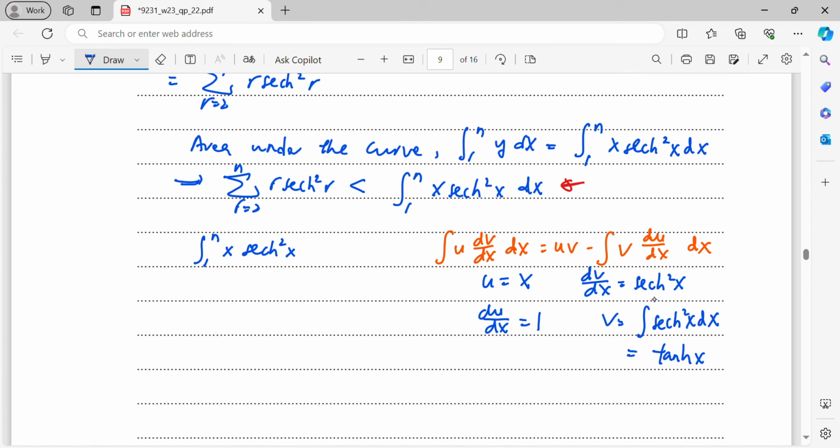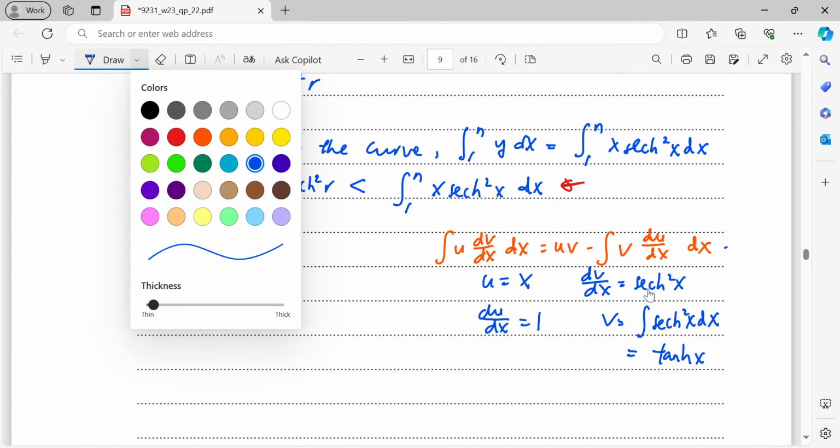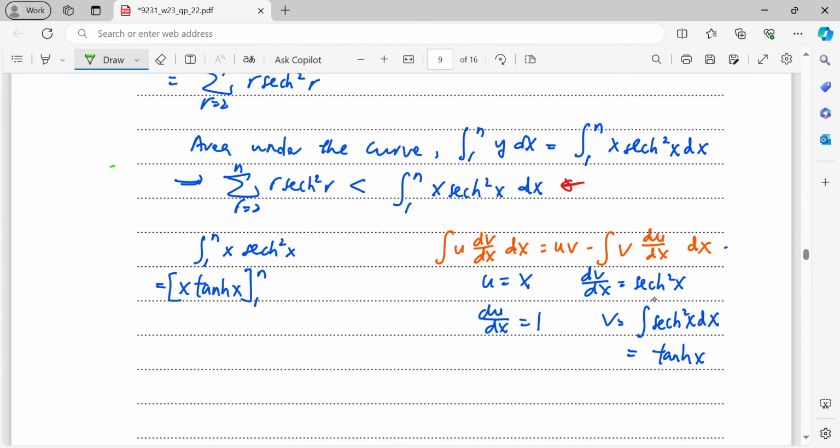So now substitute into this formula. This is going to be uv, so x tanh x with limits 1 to n. Now if you have limits, add on limits. Then here I will be getting minus the integral of v du, so the integral from 1 to n of hyperbolic tangent x dx.